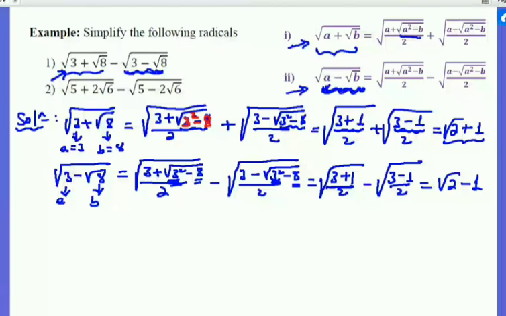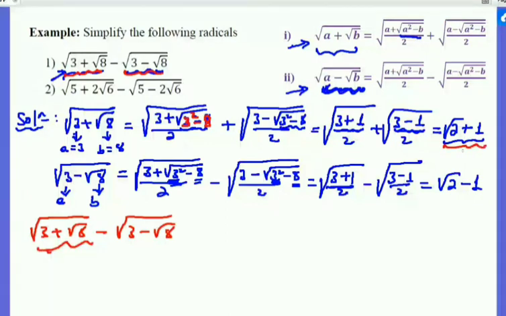So we are asked now the difference between this and this one. The difference between radical of 3 plus radical 8 and radical of 3 minus radical 8. The first one, 3 plus radical 8, is radical 2 plus 1, so in place of it substitute radical 2 plus 1. And the bigger radical 3 minus 8 is root 2 minus 1, so substitute in its place.